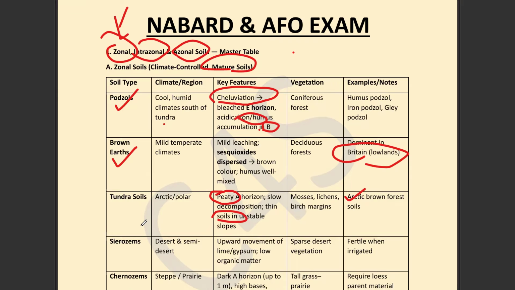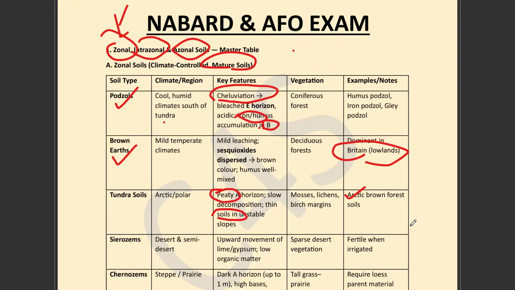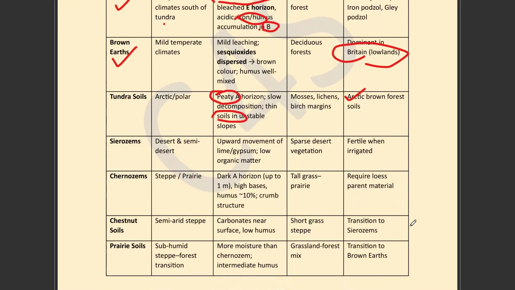The soil is very dry, so there is an upward movement of lime or gypsum, and the organic matter is very low. Why? Because we know it is desert or semi-desert. There will be only sparse desert vegetation. But there is scope, when it is irrigated, for this to become fertile. I hope this is clear to you.